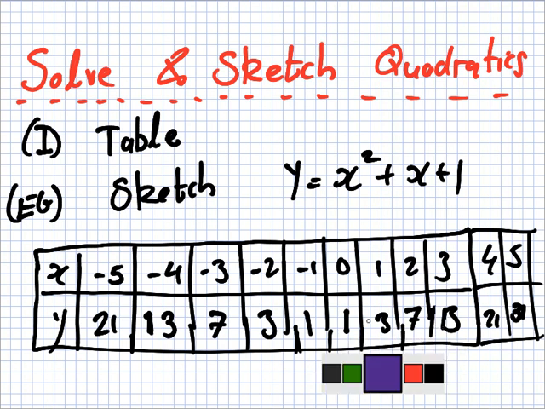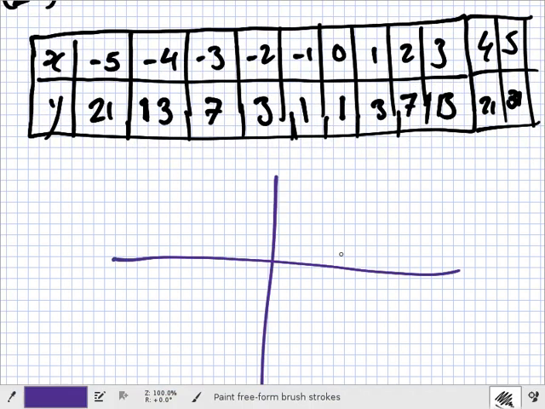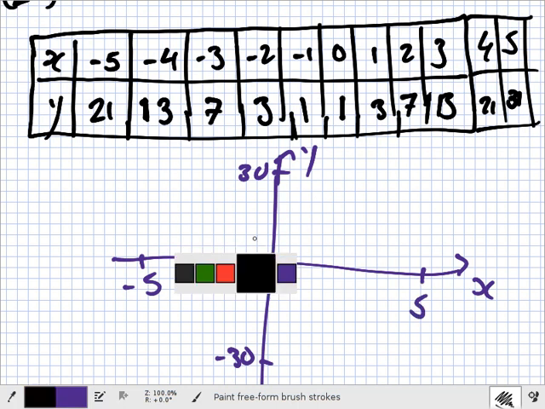Yeah. Okay. So we have this drawn. We can see that the y goes all the way up to 30. This is going to be a terrible sketch. y, x, minus 5, 5, 1, minus 1, 0.